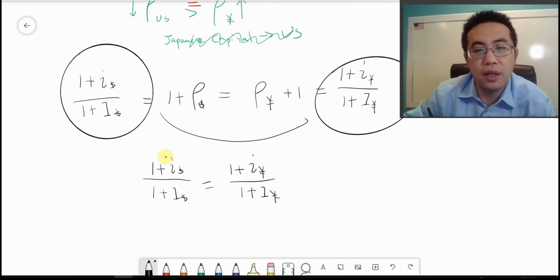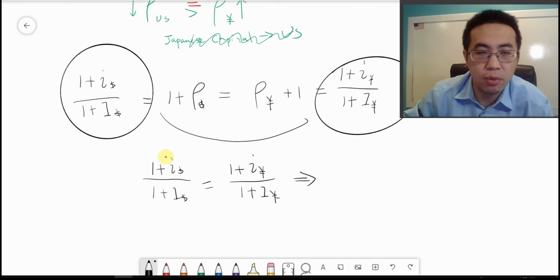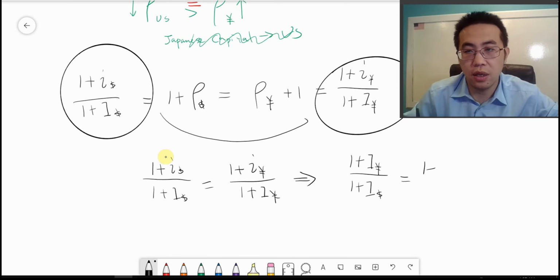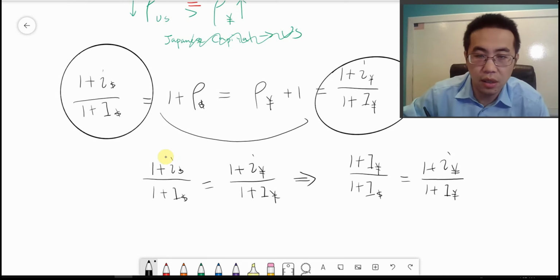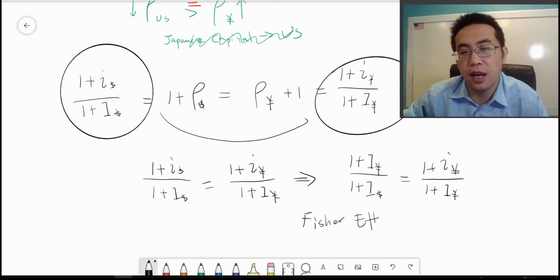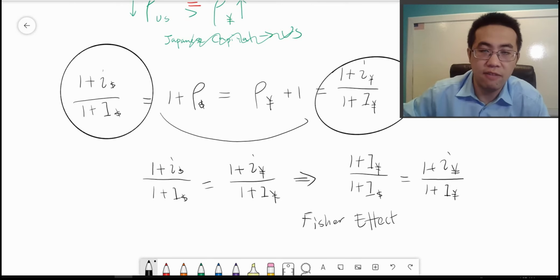And you can do another algebra step: the inflation ratio is the interest rate ratio. That's how the Fisher effect applies in the international investment environment.